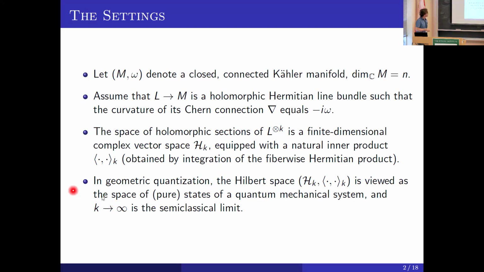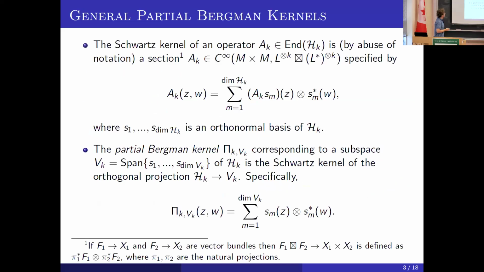So as written below here, this k goes to infinity, this semi-classical limit where we can sort of expect these Hilbert spaces along with self-adjoint operators to somehow approximate the classical system that we began with.